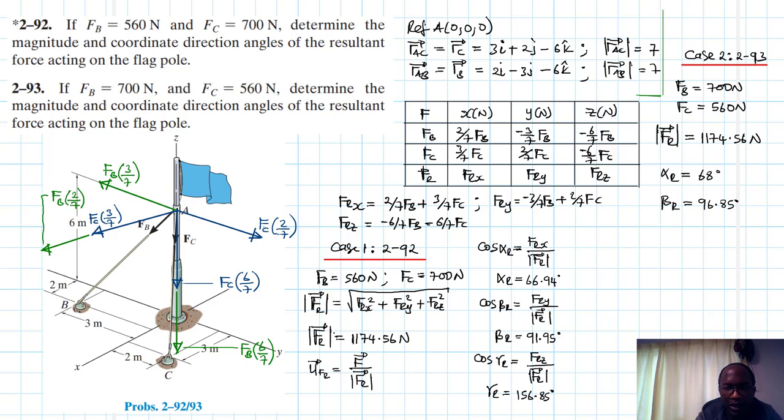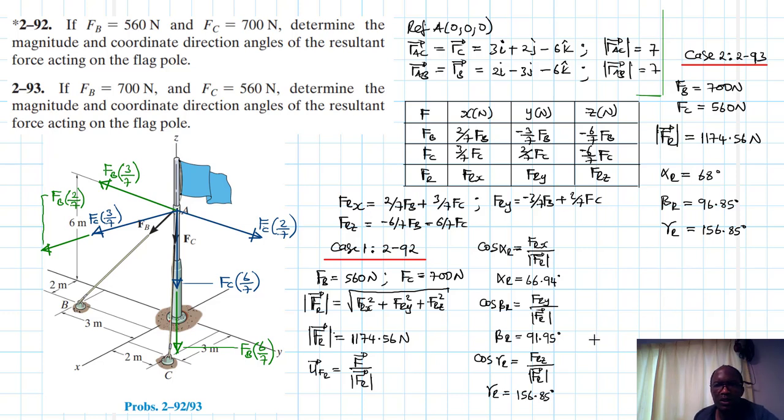And then we have gamma R. This is just going to be equal to minus 6 over 7. This one we expect to remain the same, it won't change. Cos inverse of that is 156.85. Alright, I think we found everything else.